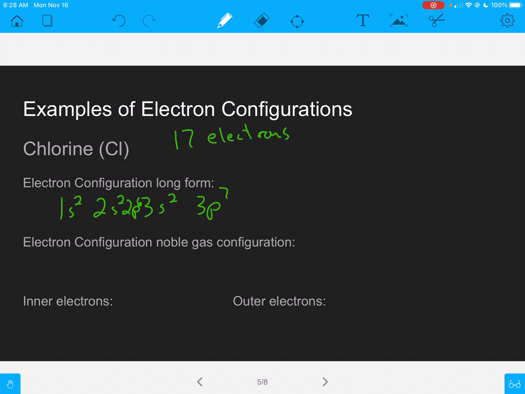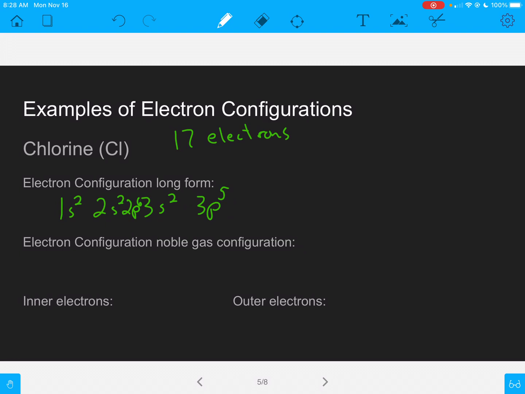That's why I'm thinking 7, but it's 3p5. Come on, Bowman. Don't you know your chemistry? Apparently, I do not know my chemistry without a periodic chart in front of me. I'm so sorry. So it's 3p5.